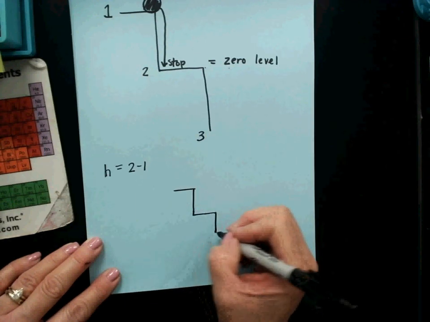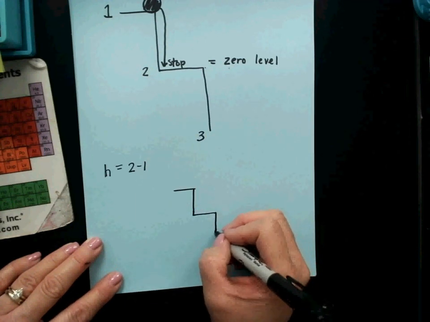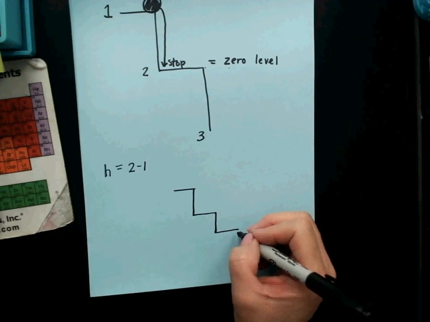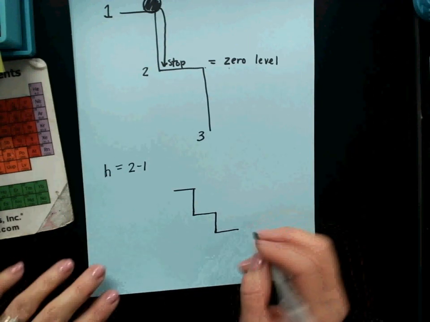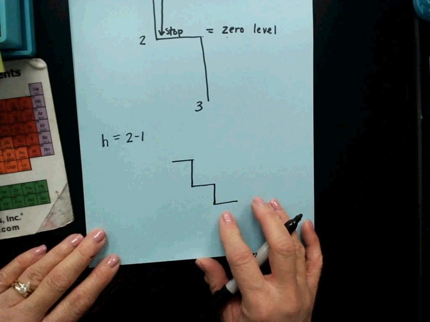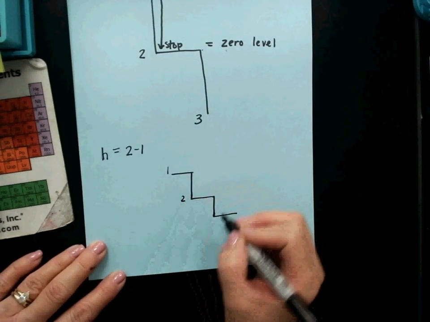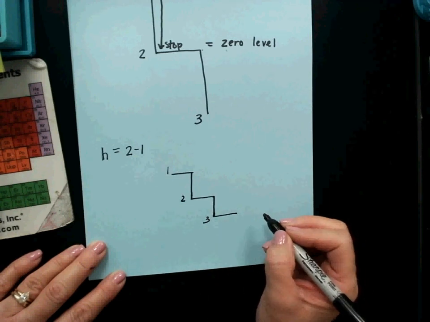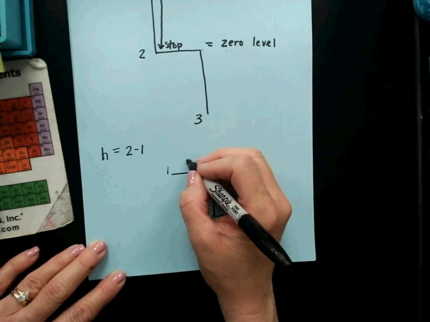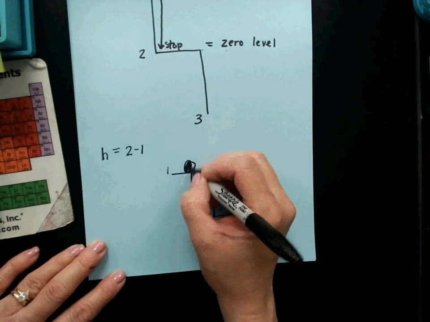Now what if I take that ball, I'm going to make this a little smaller so I don't run out of room. And I let it fall all the way to the floor. So I've got a 1, a 2, and a 3 still.